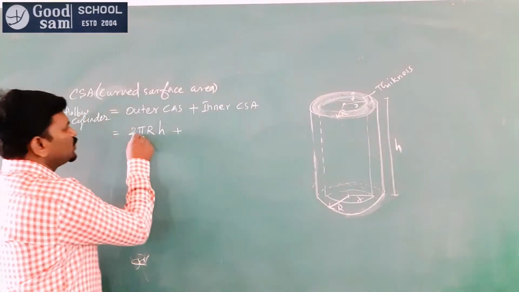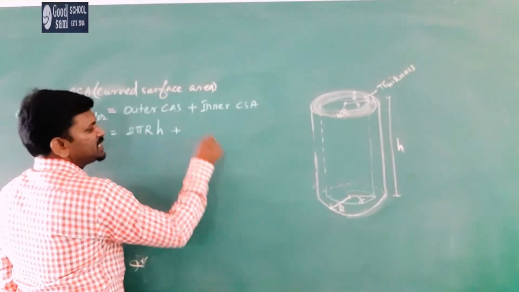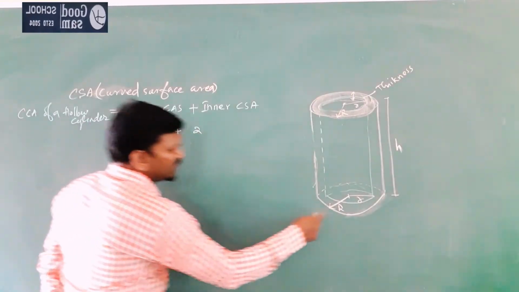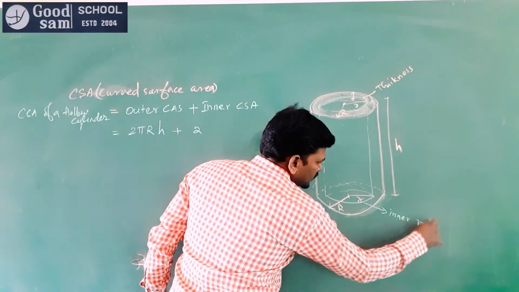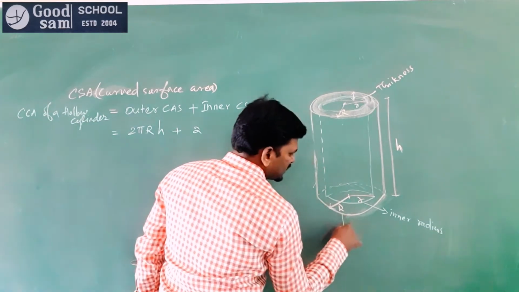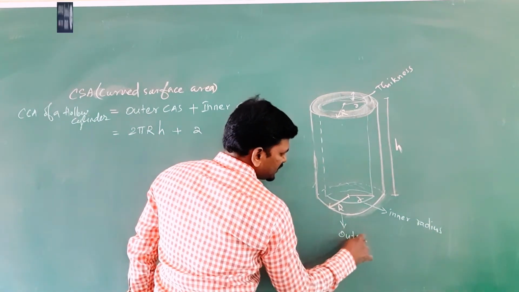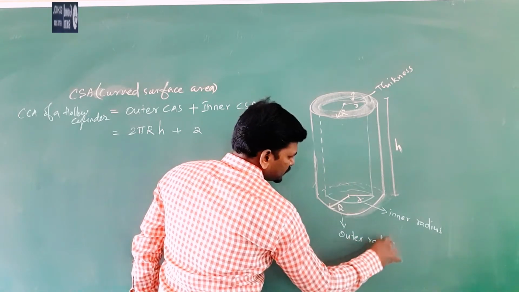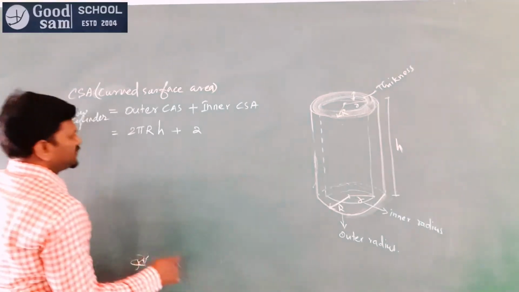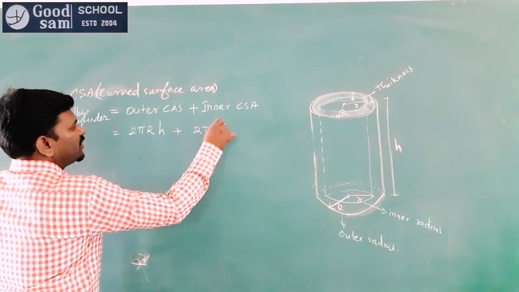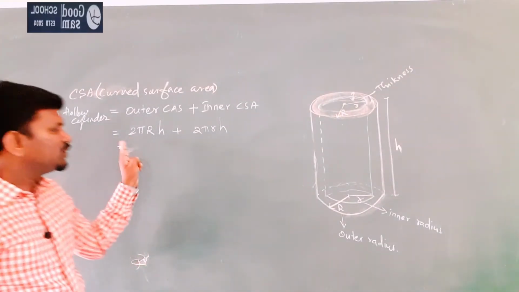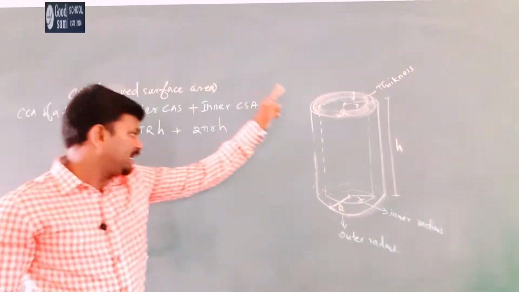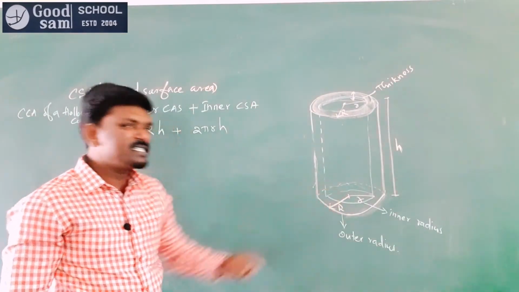So 2 pi r h for the inner surface, smaller r is the inner radius, and capital R is the outer radius. Here 2 pi and height are common, only the radius is different.